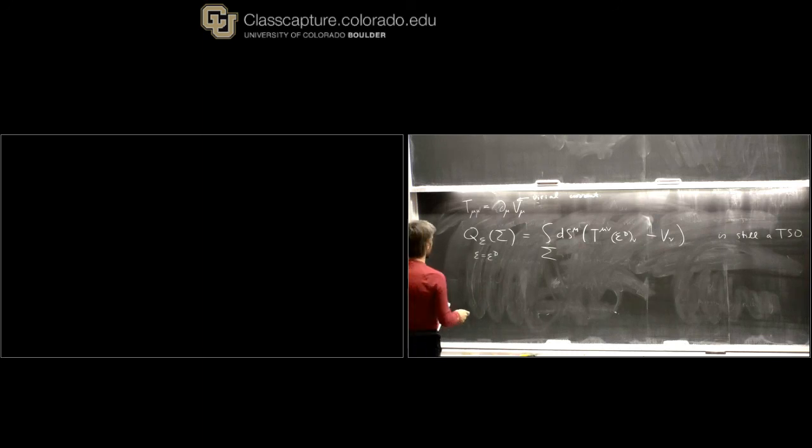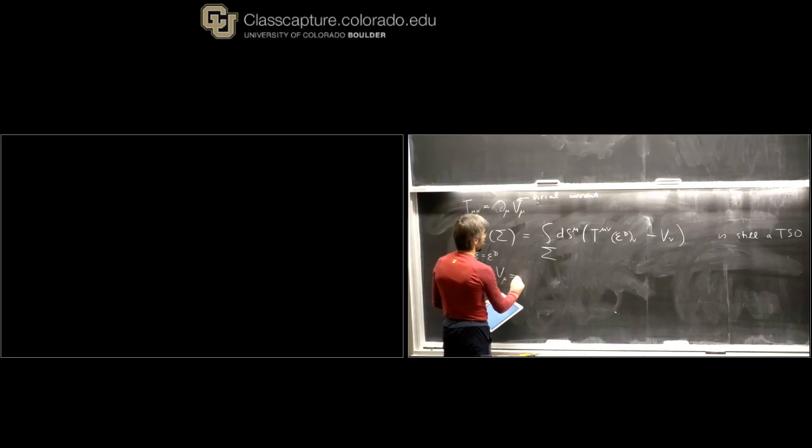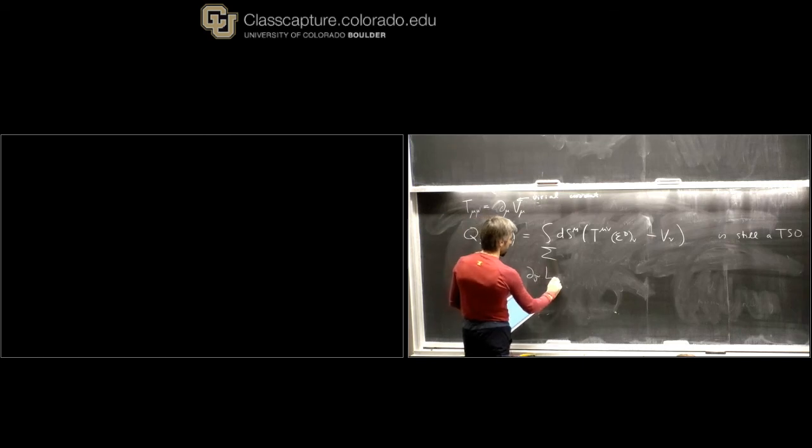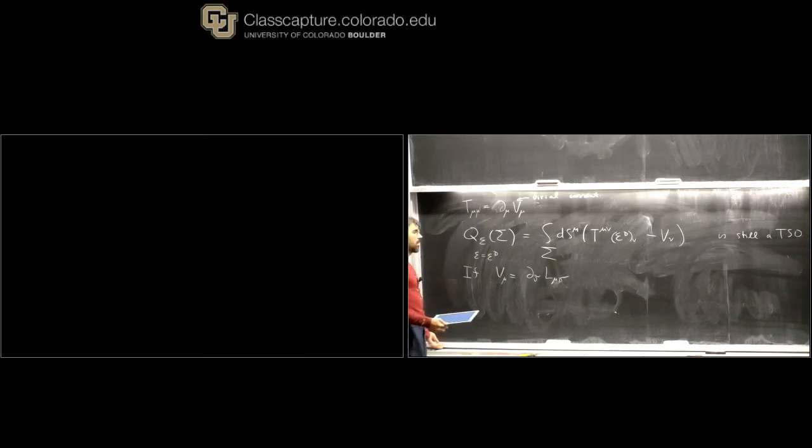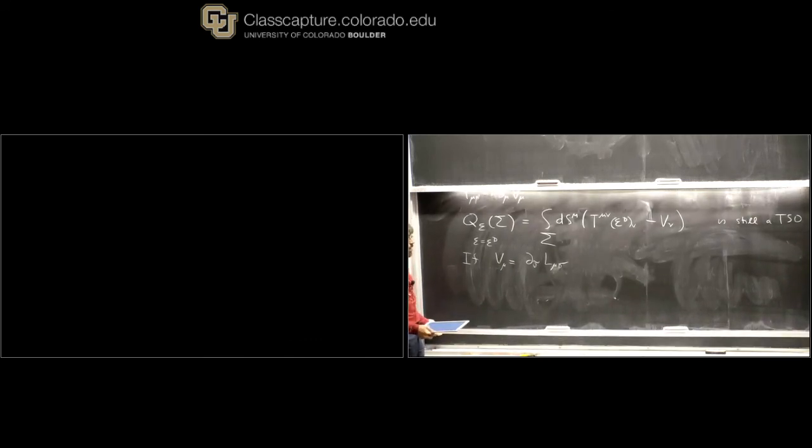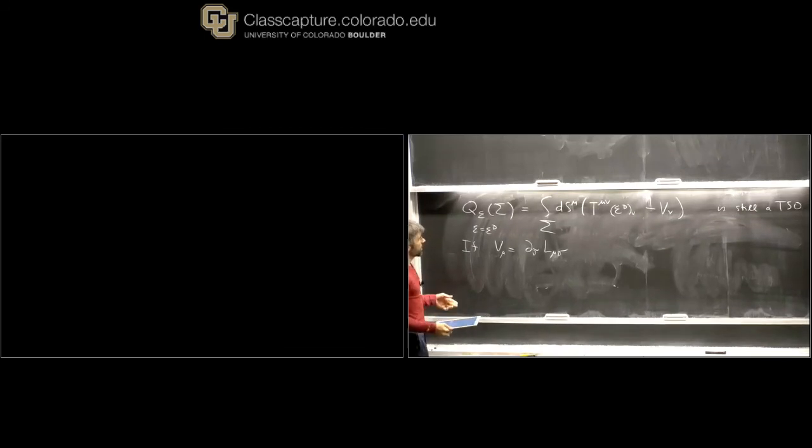Now it turns out that if this virial current has a special form, if the virial current by itself is a total derivative, if I can write it as d sigma L mu sigma of some new local operator L, then I can push this further and I can define also the conformal Killing TSOs, and the definition is going to be the following.